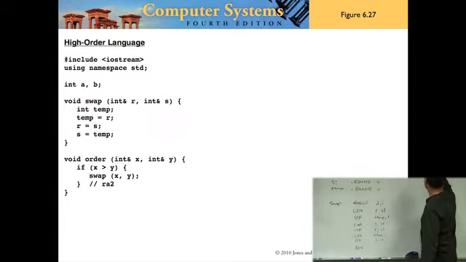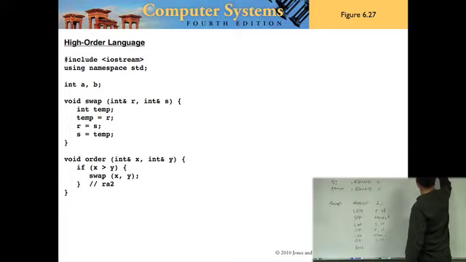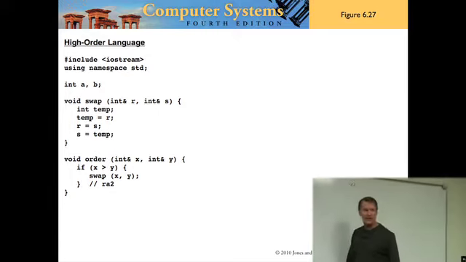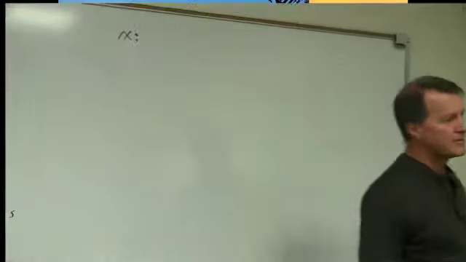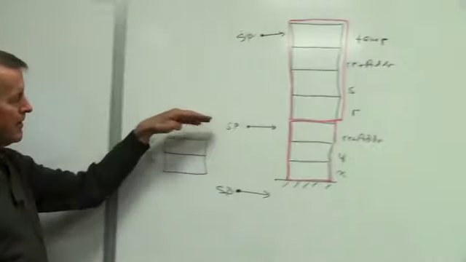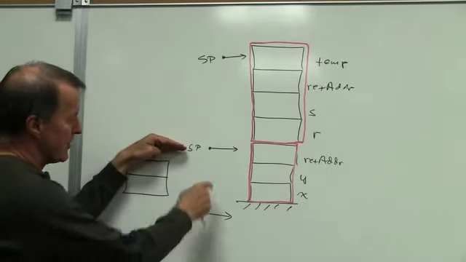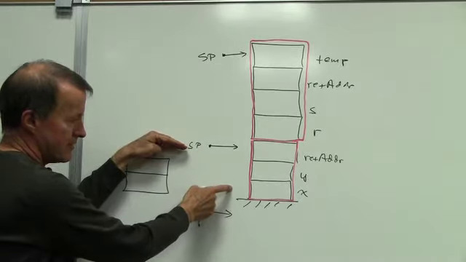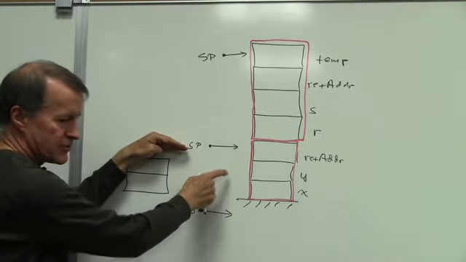So here we have X. Now let's come over here. SP will be here, right? So X will be at what? 4. Y will be at 2.